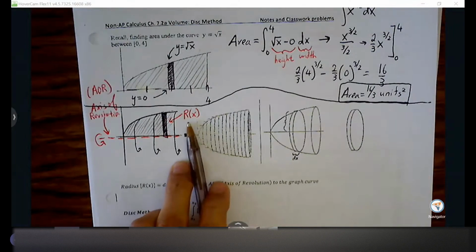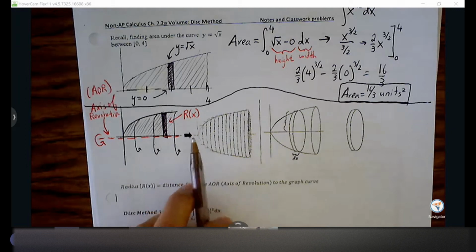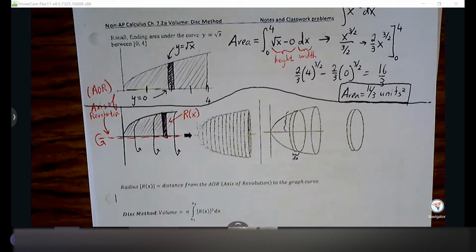The reason why we have uppercase R is because later on, we're going to have a little r that we're going to see on Thursday, where we're going to need to subtract out a gap or a hole in the object, for ring-shaped objects, and that's where little r is going to come into play. But for now, all we're using is a radius called big R.